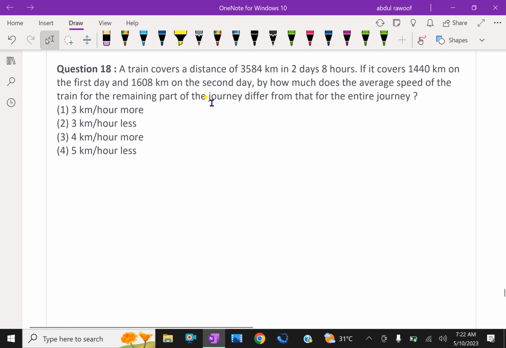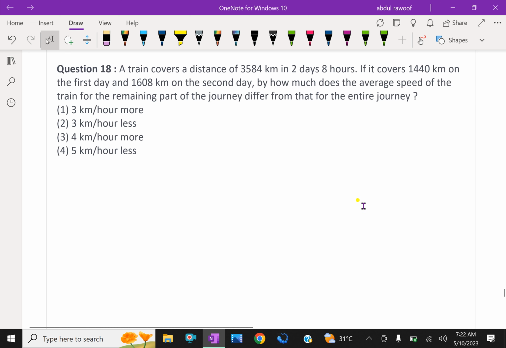A train covers a distance of 3,584 km in 2 days, 8 hours. If it covers 1,440 km on the first day and 1,608 km on the second day, by how much does the average speed of the train for the remaining part of the journey differ from that for the entire journey?